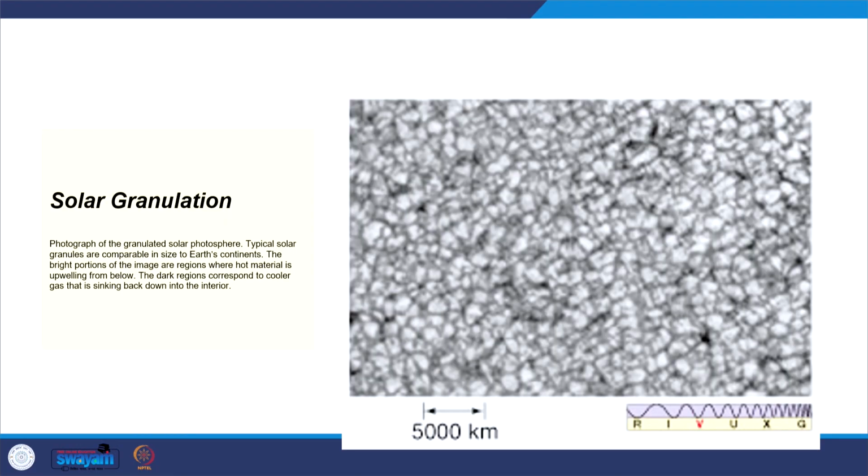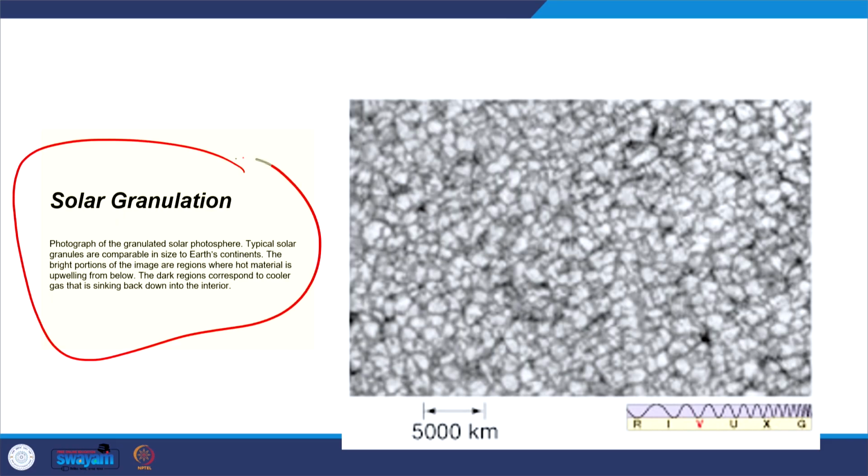We also talk about what is called solar granulation, a photograph of the granulated sun. If you look with a high resolution instrument, you will see that the surface of the sun is not uniform.